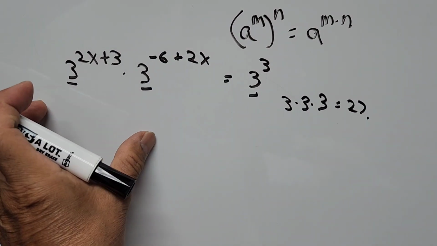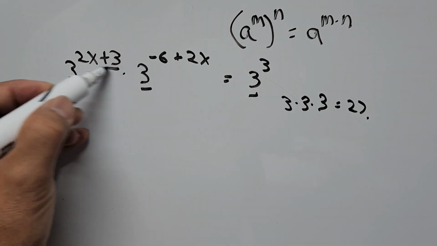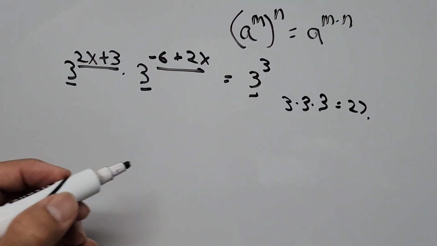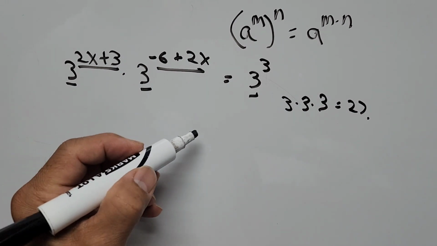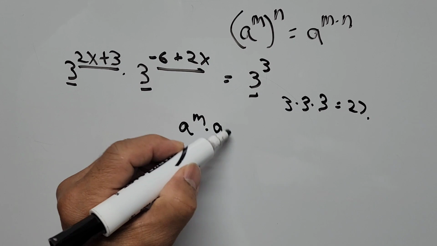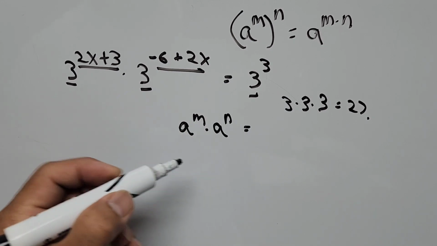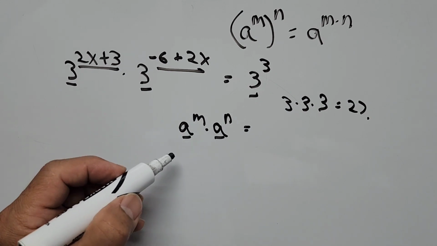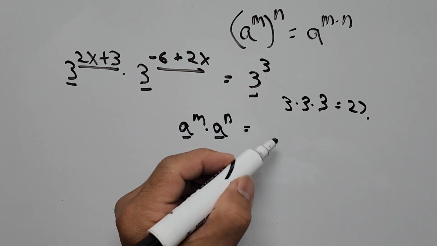And on the left side of the equation, we can combine the exponents, or we can add the exponents. That is from the exponent formula again, that is a to the power of m times a to the power of n. This simply means their exponents are different, but we have the same base, so we end up adding the exponents.